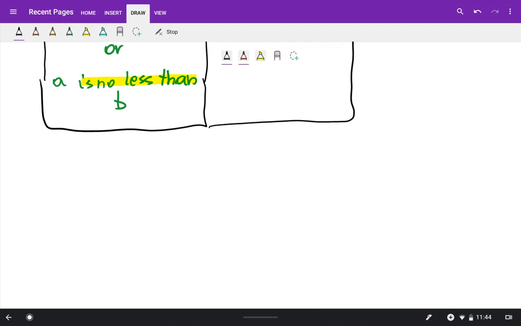So we're going to do the example. Translate each phrase to mathematical inequality.